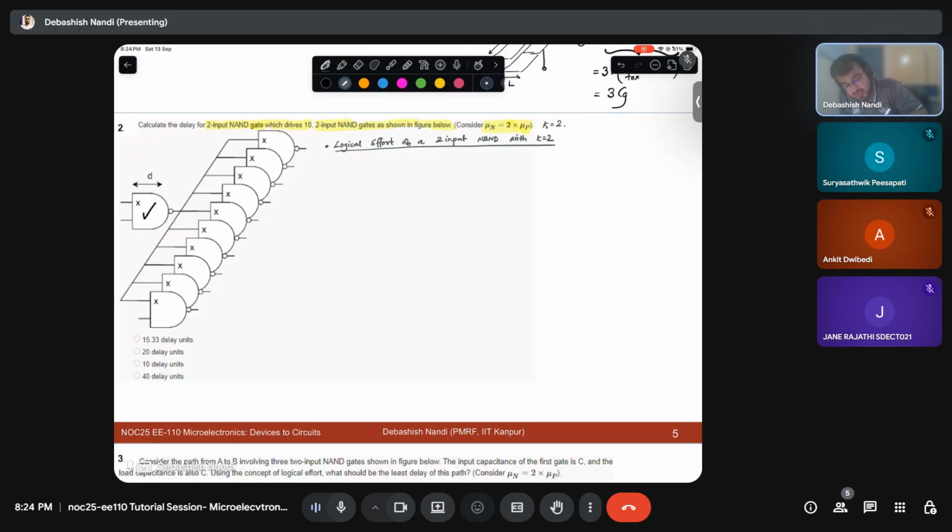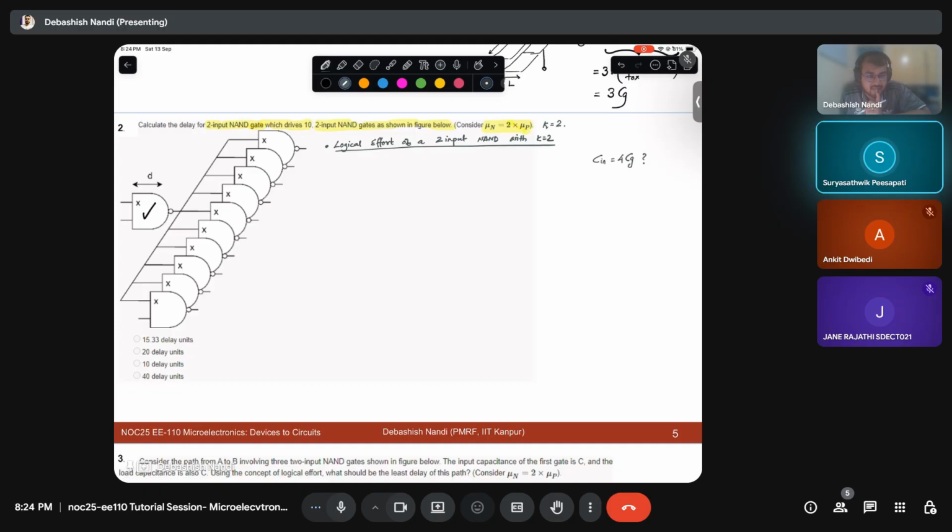You are telling me that C in is 4 CG. How did you get that? And what is your CG? CG is 3 CG, sir. So you mean to say this is 3 CG? Yes, sir. How did you calculate that? Tell me.